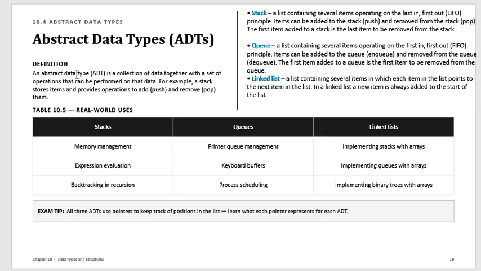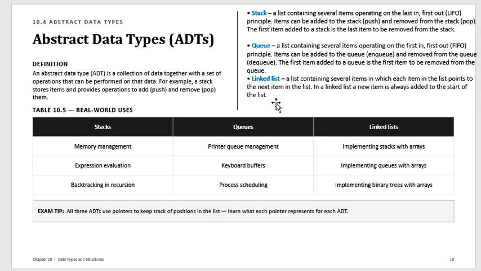Items can be added to and removed from the stack through the push and the pop methods. Then the queue operates on the first in, first out principle. Items can be added to the queue by the enqueue method, and removed from the queue by the dequeue method.